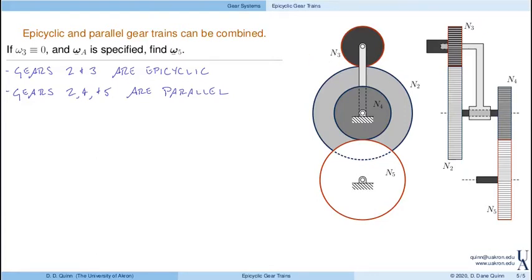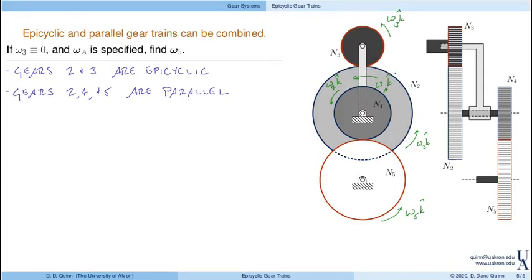So let's go through and define the angular velocities, right? So we'll say that omega 2 is the angular velocity of gear 2. Of course, omega 3 is the angular velocity of gear 3. Omega 4 is the angular velocity of gear 4. Omega 5 is the angular velocity of gear 5. And then finally, omega A is the angular velocity of the arm.